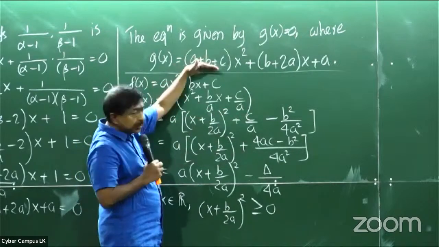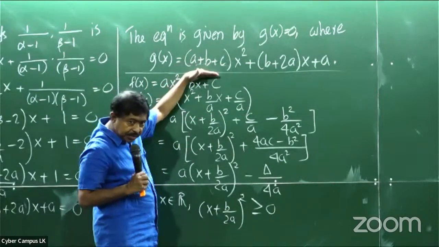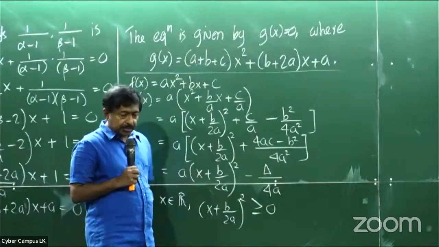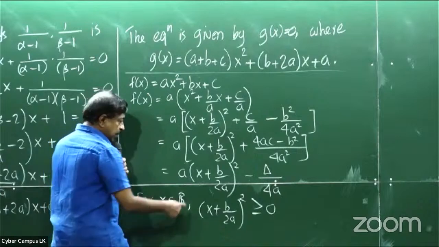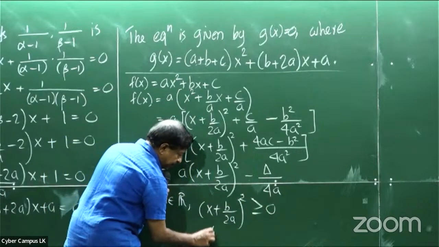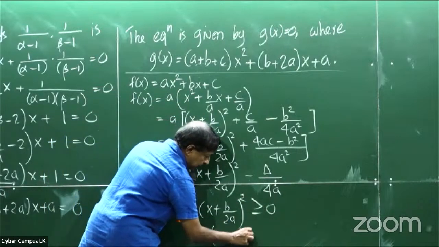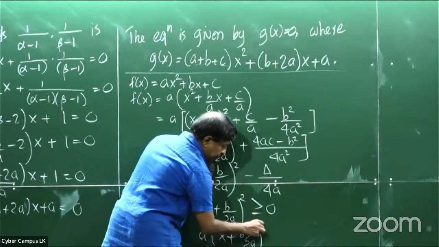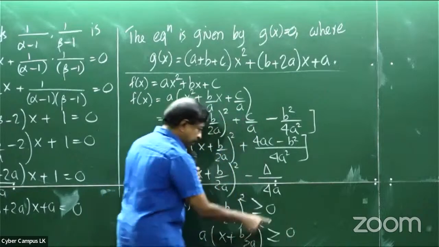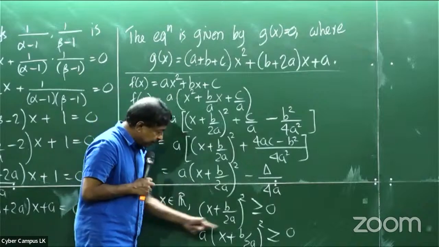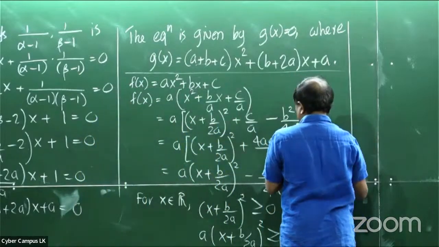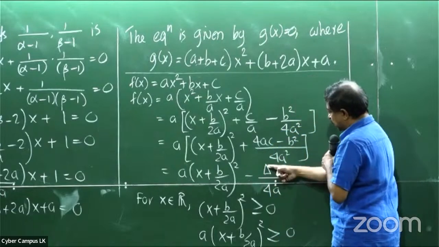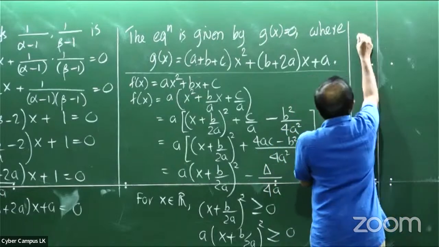A is greater than 0 as well as a plus b plus c is greater than 0. Now since a is greater than 0, you can multiply this one by a. So the inequality remains intact. Now this is this. Okay. After that, you subtract delta over 4a from both sides.